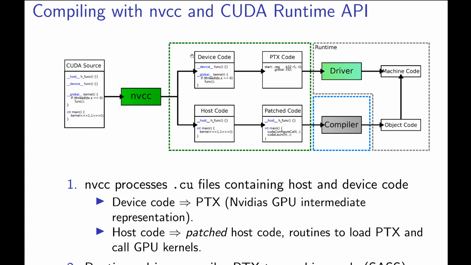That leaves us with the device code, and the device code is compiled into an intermediate representation called PTX. The intermediate representation can be thought of a bit like Java bytecode, or like the intermediate representation that the Clang compiler would create.